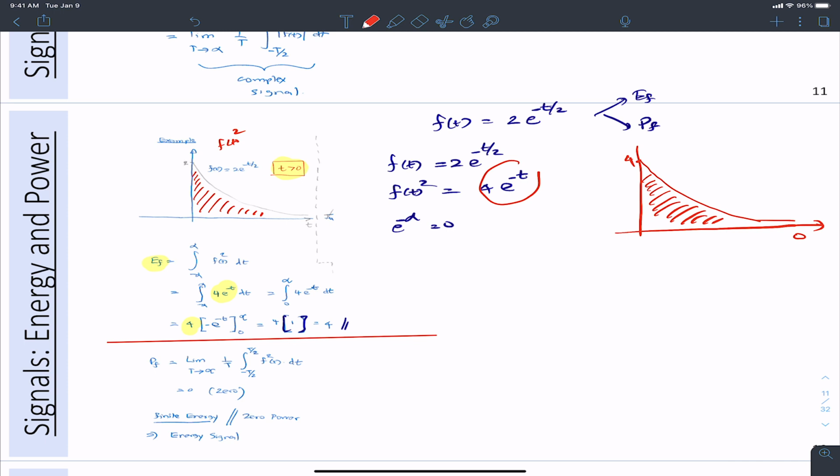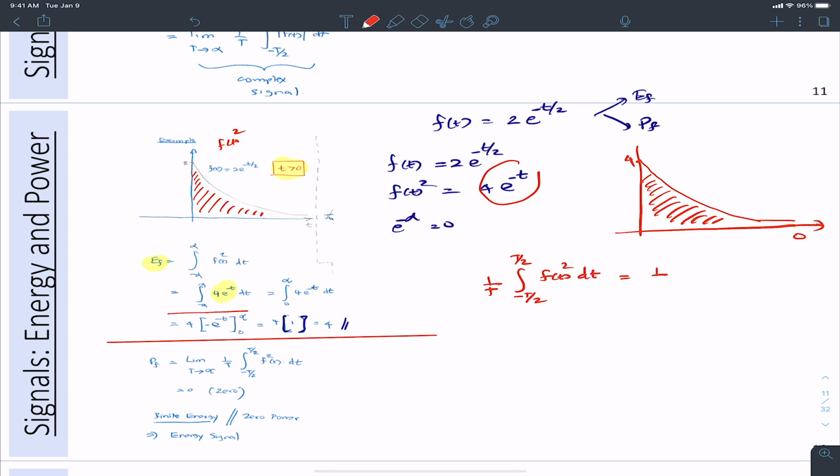We can write this, up to this point it is the same. So 1 over T, the integral from minus T/2 to T/2 of f(t) squared dt.